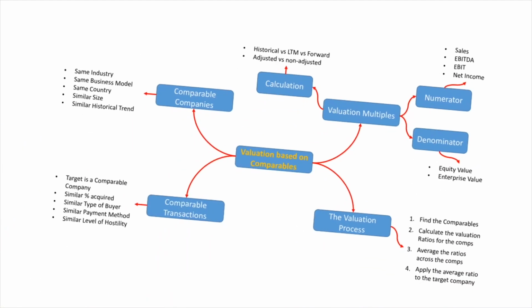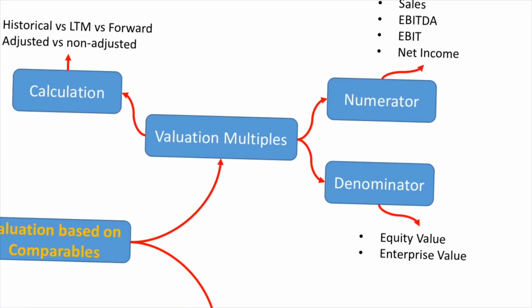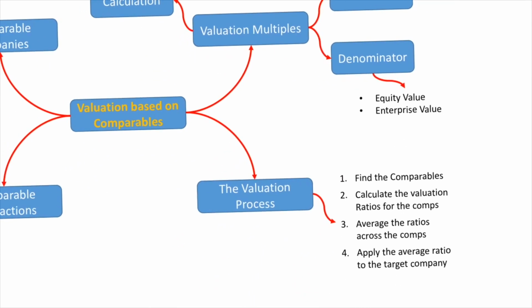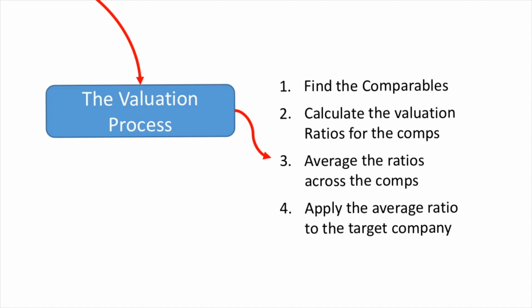So step 1, find the comparables. Step 2, calculate the value of the comparables in some way. And then we are going to apply all this information to the valuation process. And the valuation process is very simple. Find the comparables, calculate the ratios for the comparables, take the average ratio, apply the average ratio to the target company. Let me give you one example.